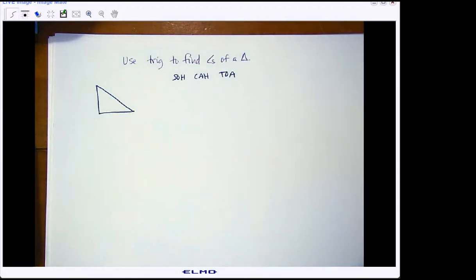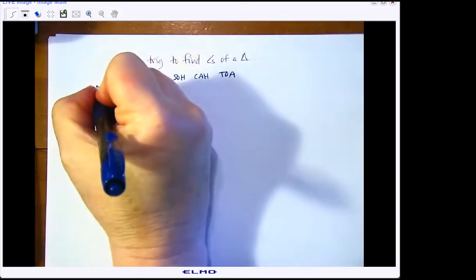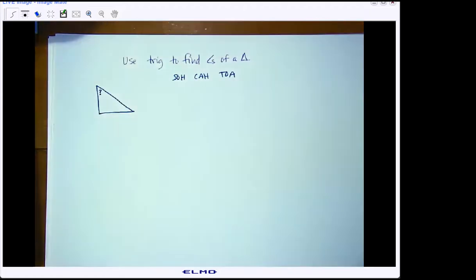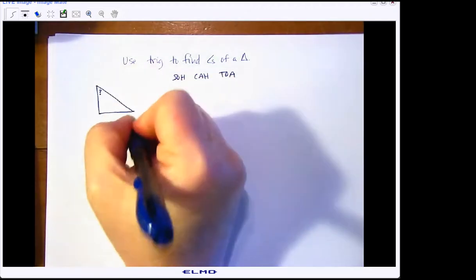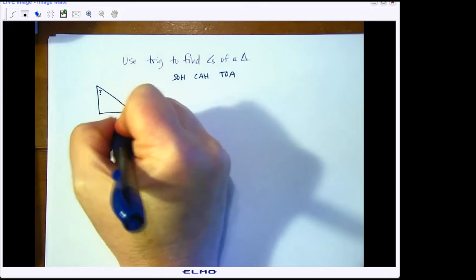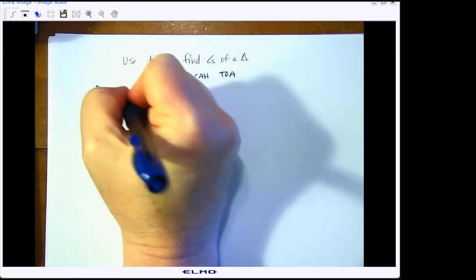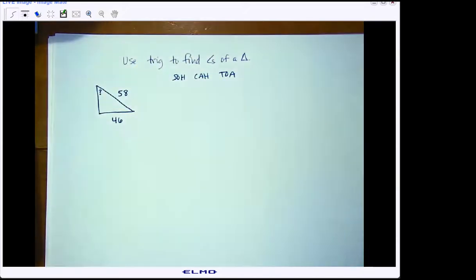Okay, so looking at this one, we've got, here's our angle, and it's going to be a question mark. We can just put an X. You can put an X, you can put a theta. We'll end up putting an X. And then this side is 46, and this side is 58.